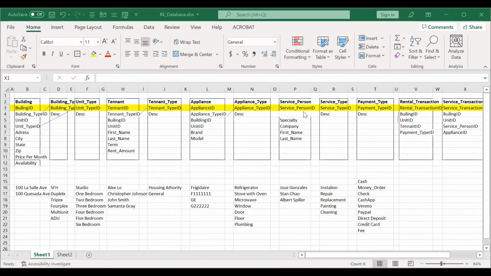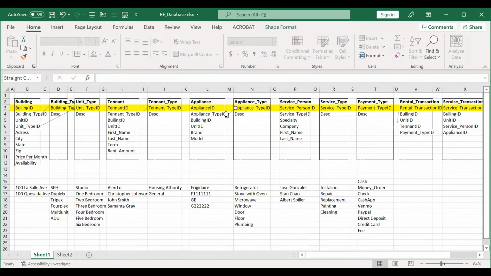So I think with service, so service type, and I think there's got to be a service type here. I think it's like that. I think this way we can do a relationship.